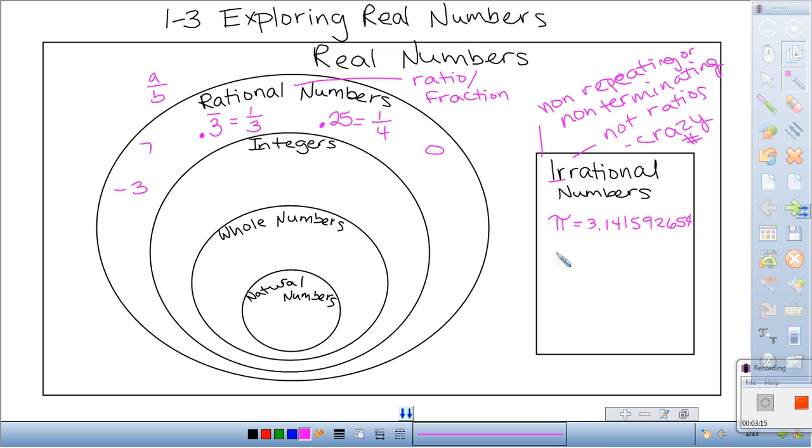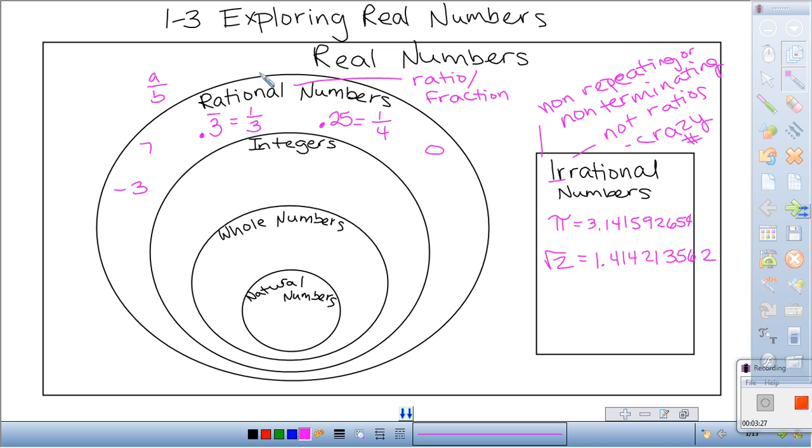Another example might be the square root of 2. If you put the square root of 2 in your calculator, you get 1.414213562. And again, that's all your calculator gives you, but that doesn't mean that's where the number ends. It simply means that's all they're going to give you instead of filling the whole screen to confuse you. So again, no repetition, so it's a non-repeating decimal, and it's a non-terminating decimal.